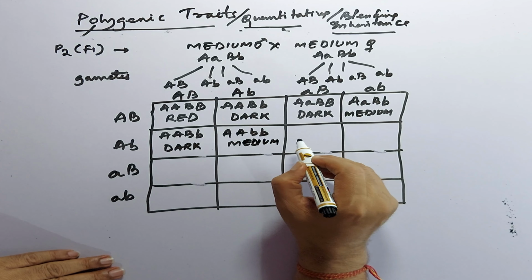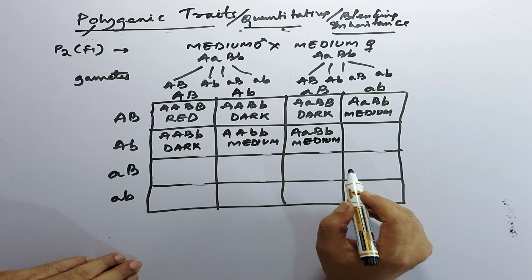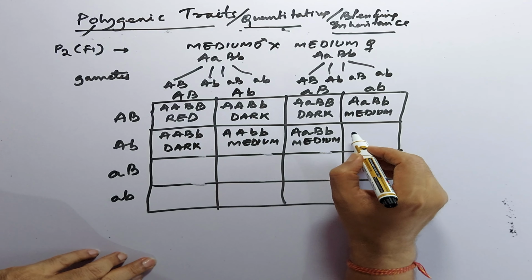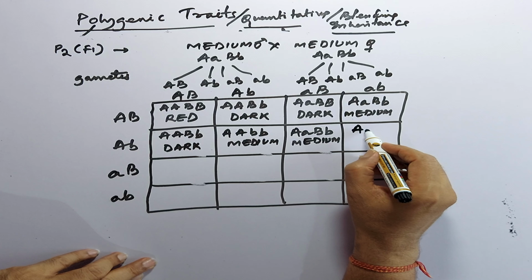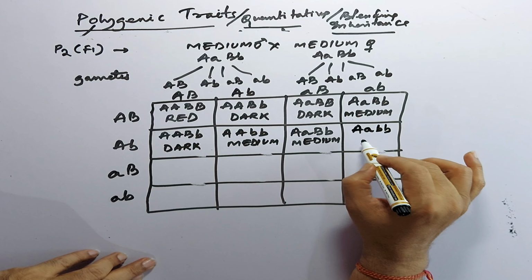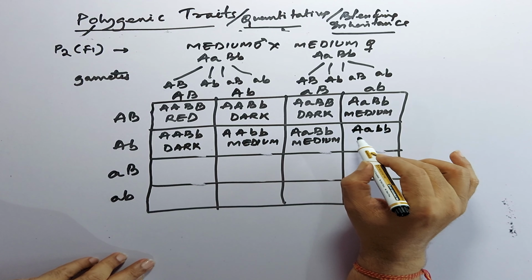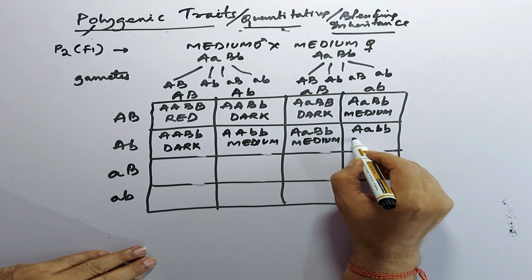This is medium, because here we will find 50%. Then this is capital A and small b, small b. So here only 25%. So 25% is your light.